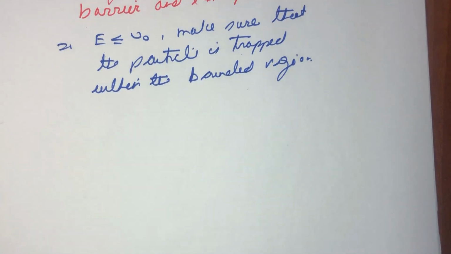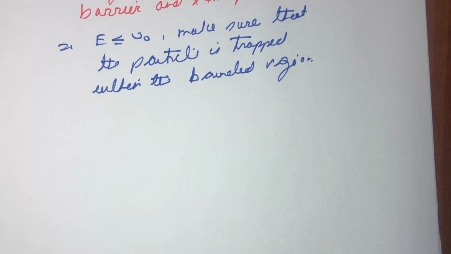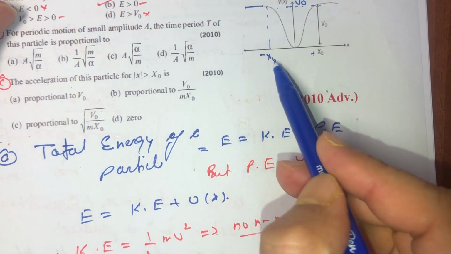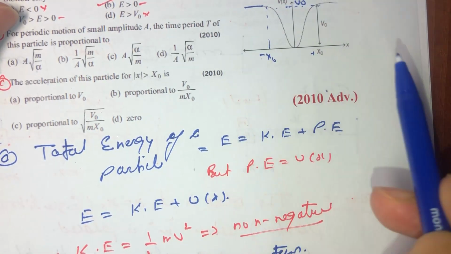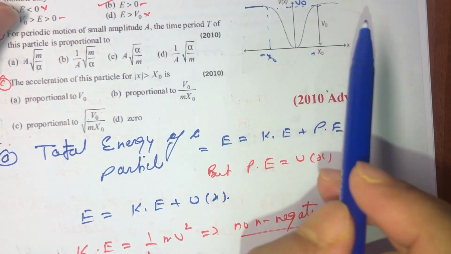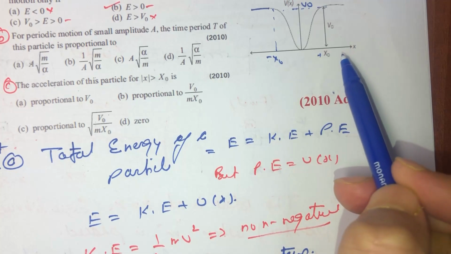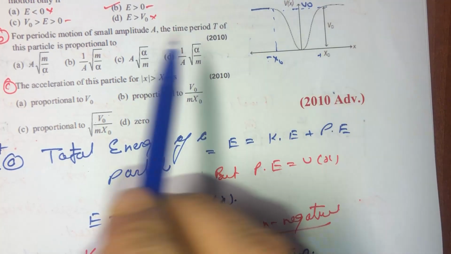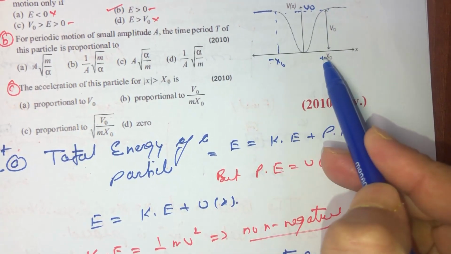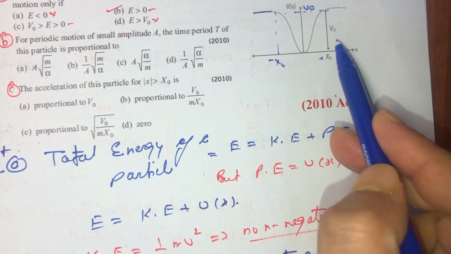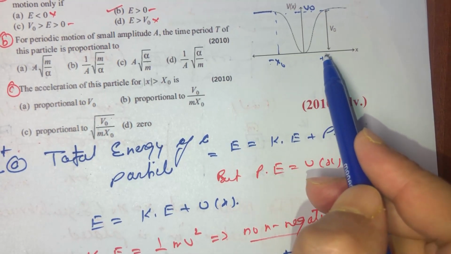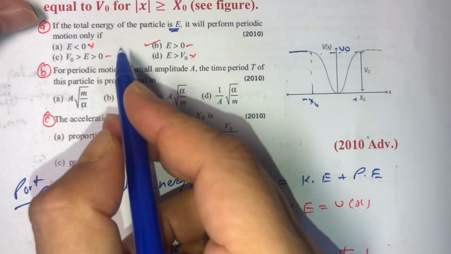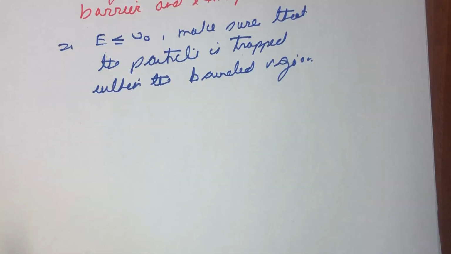The bounded region is given by minus x naught and plus x naught, and if the particle exceeds beyond this region, it is going to escape to infinity. So the energy E should be less than the bounded energy, that is V naught. If it becomes greater than V naught, then the particle is going to escape to infinity, and there will be no back and forth motion. So therefore option C is the correct option.